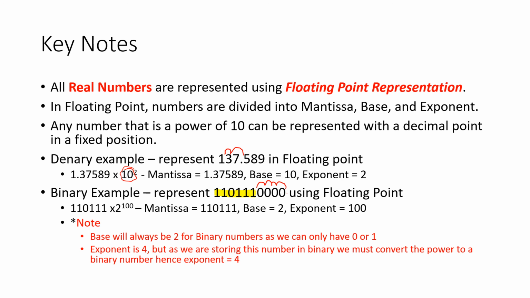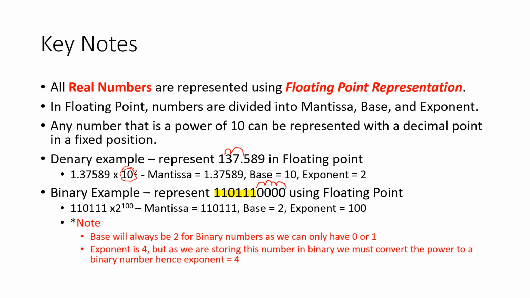Now, as I've put a wee note down the bottom in terms of additional notes, the base is 2 because when we're dealing with binary, we can only have a 0 or a 1. So we have 2 options. So it's 11011 times 2, and then our power is 4. But seeing as everything else is binary, we can't just slap a 4 on in the power here.